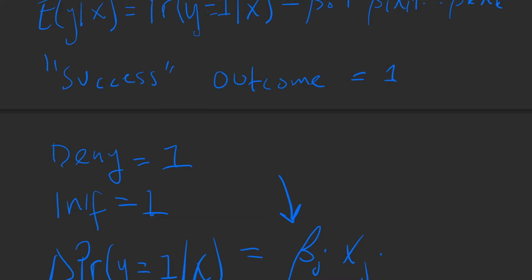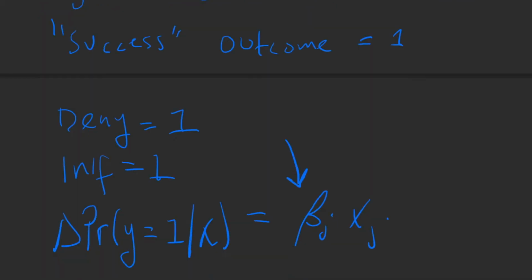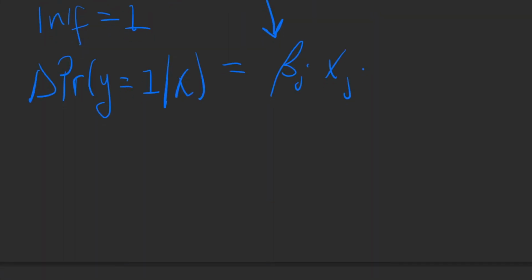The difficult thing with models that have binary dependent variables is that r squared is not an intuitive measure of fit. It's not a useful goodness of fit measure.